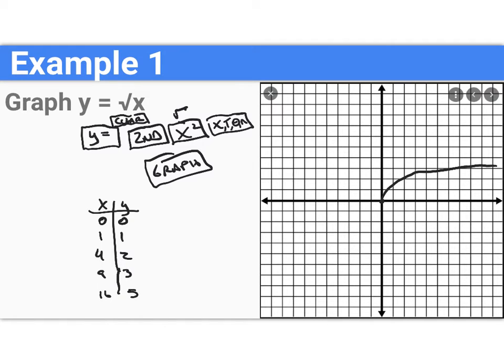So I'm just giving you the whole number amounts, and you can see how it drops off dramatically. You go from 0 to 1, then 1 to 4, then 4 to 9, and 9 to 16. So you're going up differently on X than you do on Y.